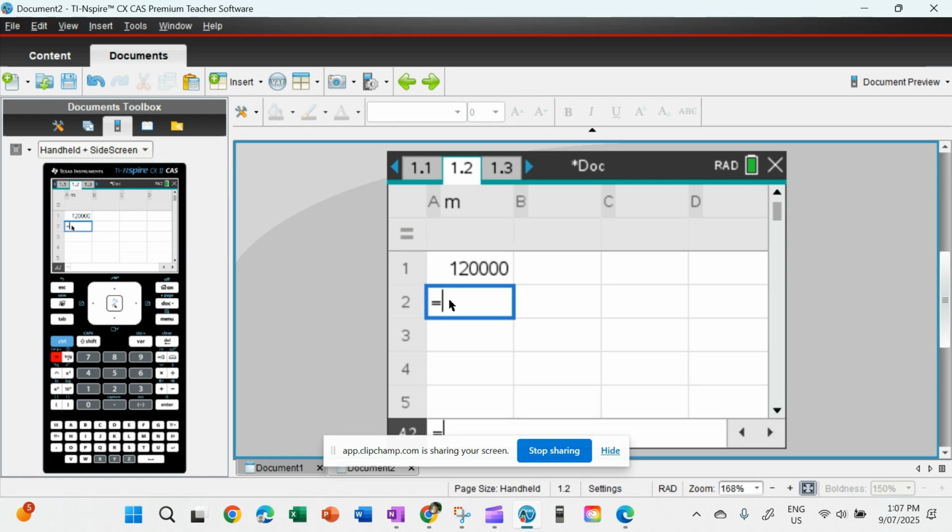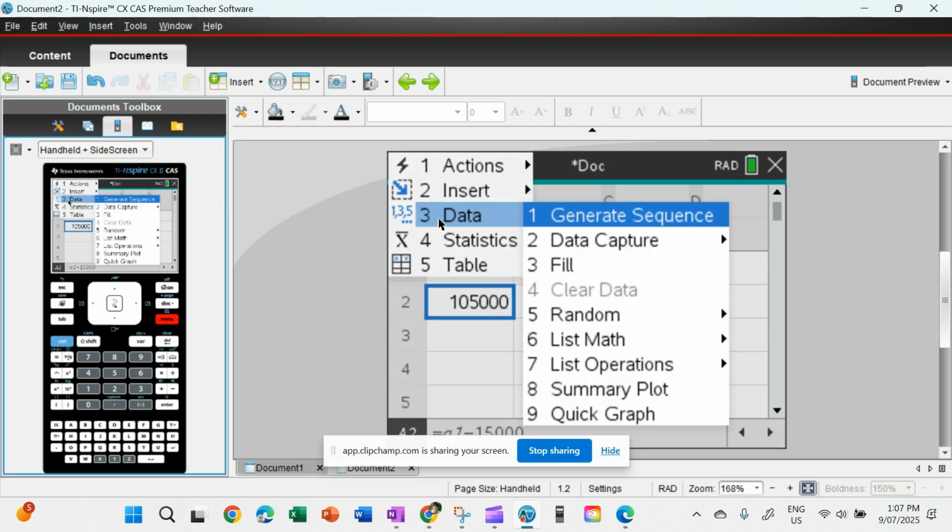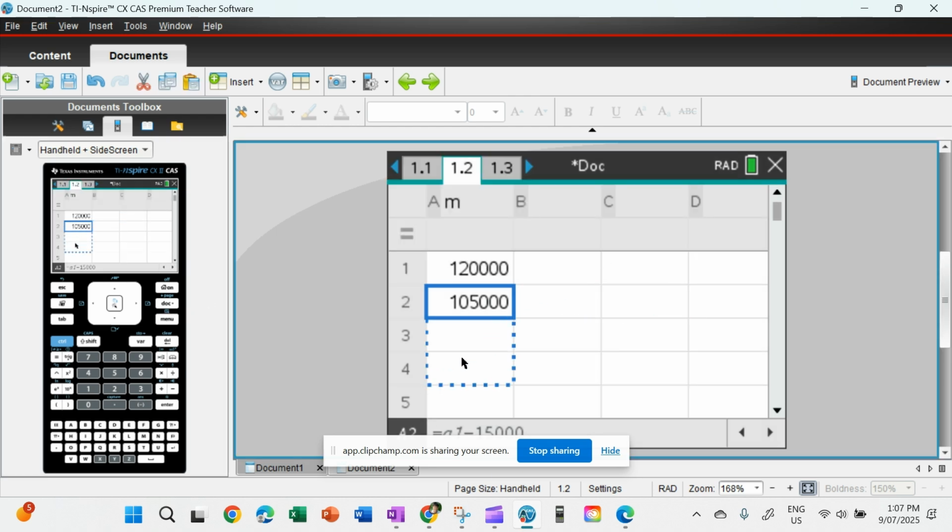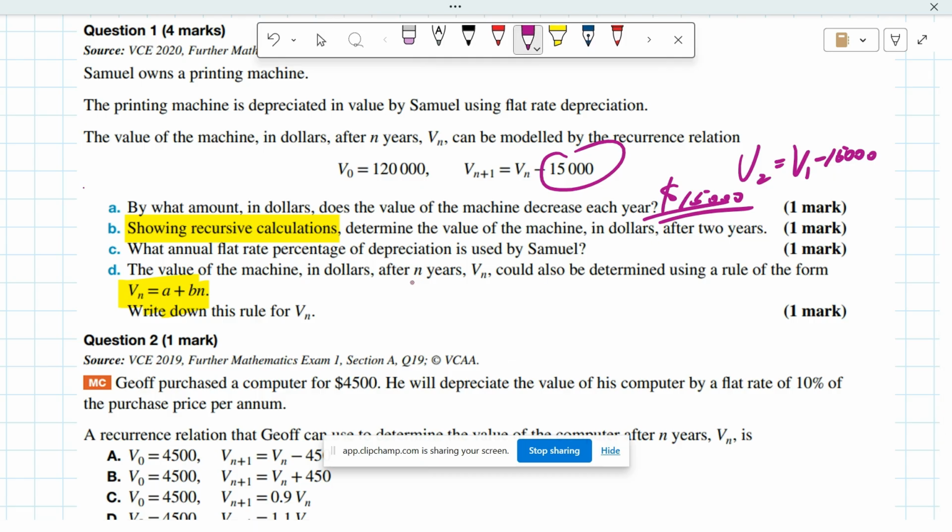And then the next one equals V1 minus $15,000, so after 2 years that will be $90,000. No, sorry, $90,000.